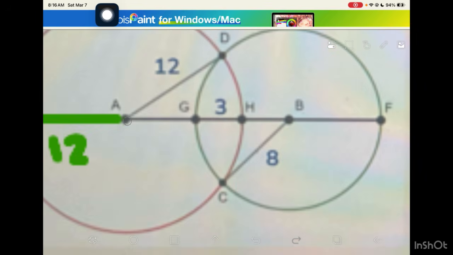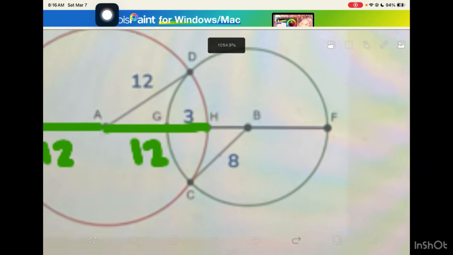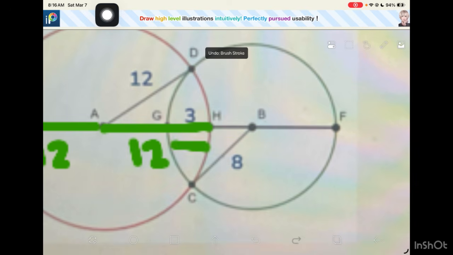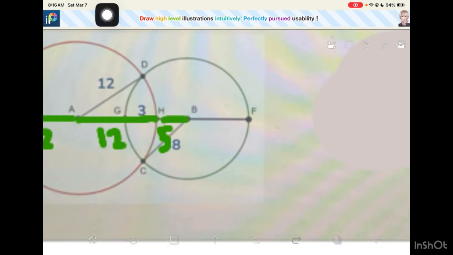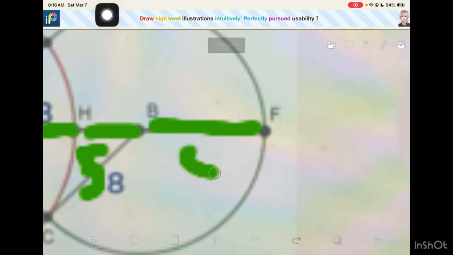Now we can also say AH is 12 because it's also another radius. Now since this is 8 and this is 3, therefore HB is 5. And lastly, since BF is a radius, it's also 8.